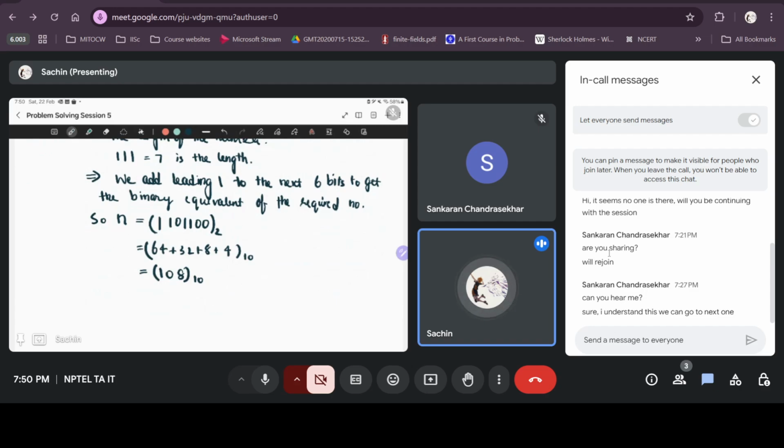That is, suppose you have a number 4, then the binary equivalent of 4 is 100, which has 3 bits. And for this number 3, you find the Elias 1 code, which is 011. And you remove the leading 1 from the binary equivalent of 4. So 100, you remove the leading 1, will be left with 00.